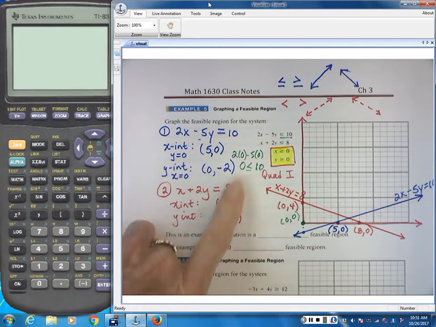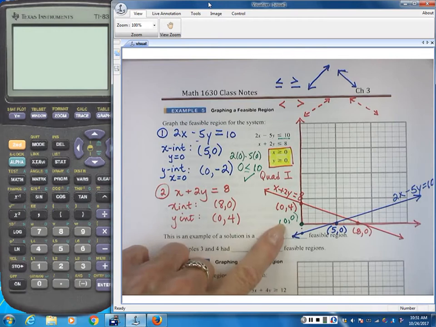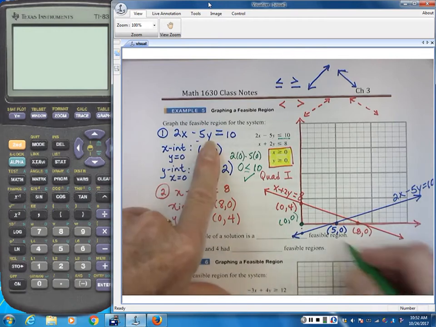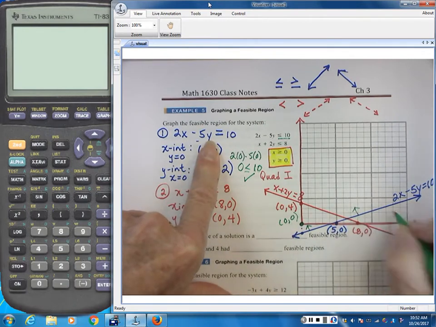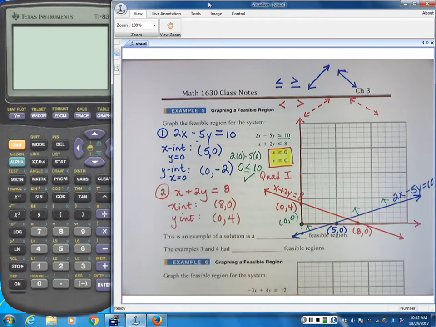And the answer is yes. 0 is, in fact, less than 10. That means when I get ready to shade, I'm going to shade toward (0, 0). So I'm going to shade above the blue line.